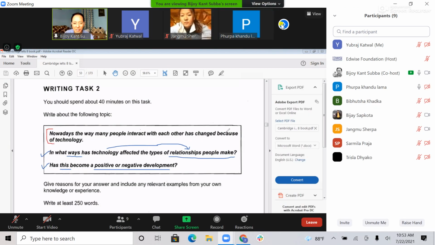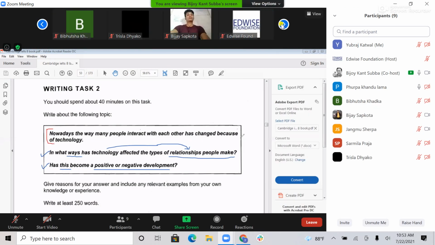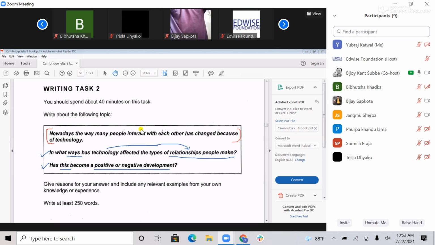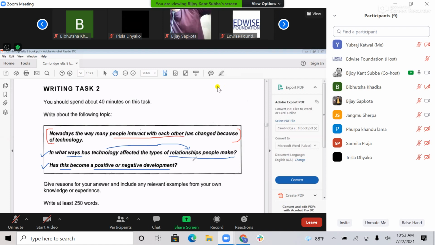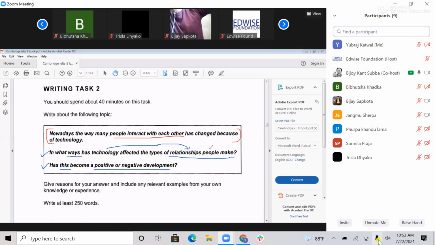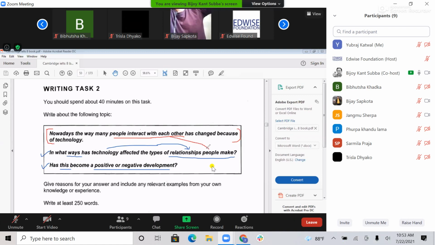Topic. Basically, if you simplify, we always simplify the topic. So it's about people's interaction with each other. People interacting with each other basically means the same as relationships people make. So this basically means the same as this. So it means the same.